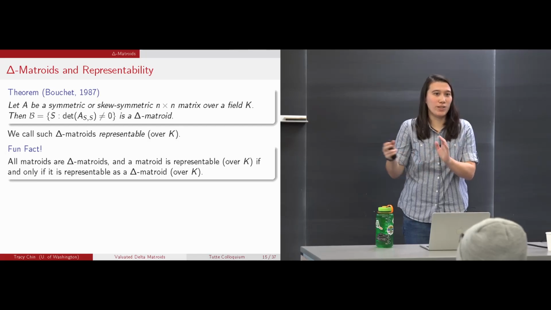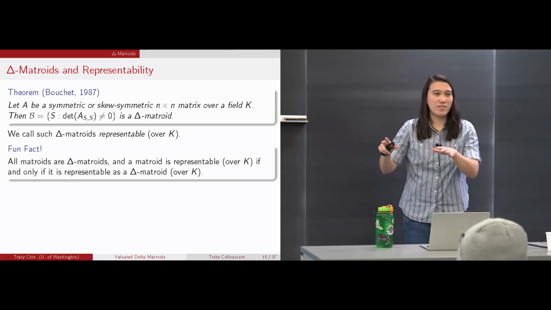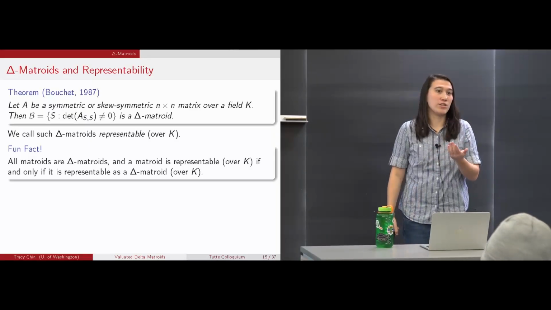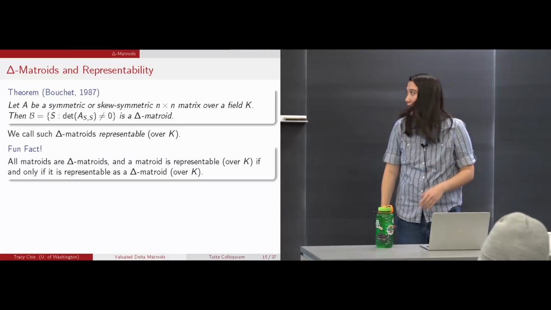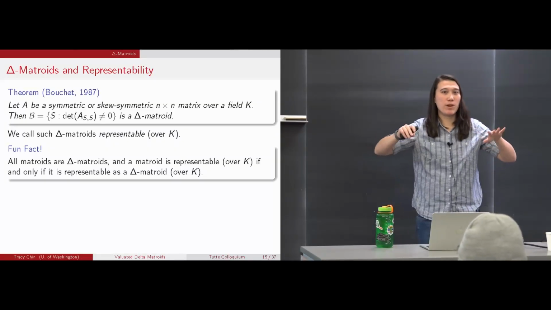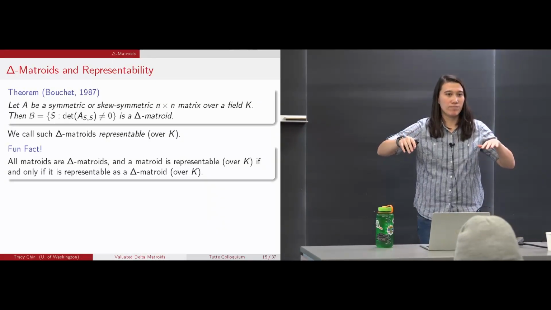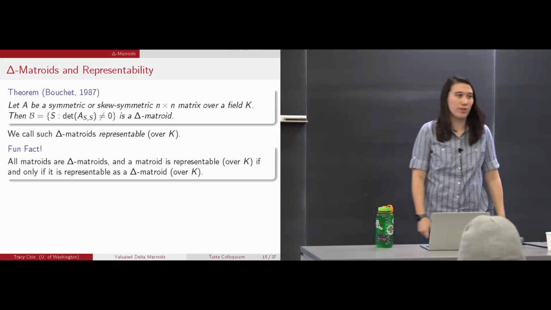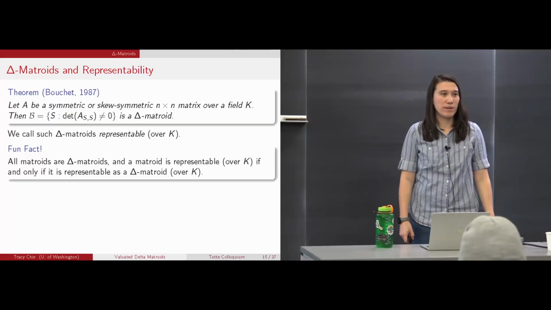Or if you are a polytope fan, you can just say, oh, well, all of the allowable matroid edge directions are also allowable delta matroid directions. And it turns out that the notions of representability coincide. So a matroid is representable over K in the Grassmannian sense if and only if it's representable over K in this symmetric matrix sense.